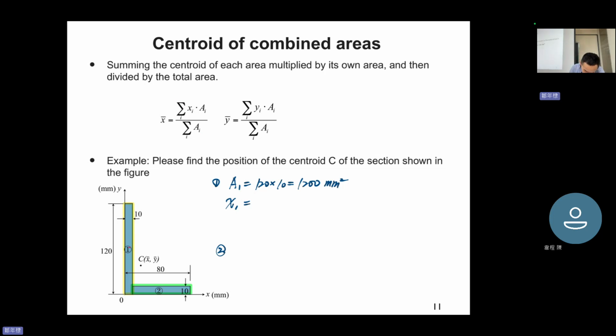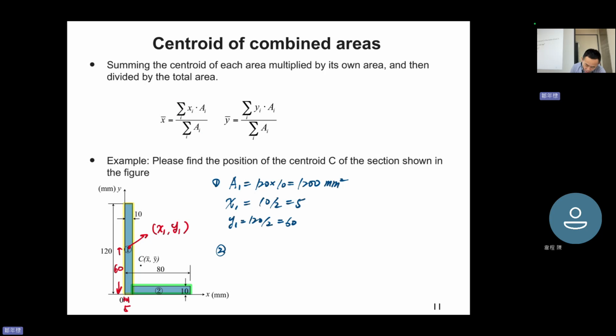So you know this is its centroid. Your centroid is actually at 60, and this is 5. So your x1 will be 10 divided by 2, which is 5, and your y1 is 120 divided by 2, which is 60.